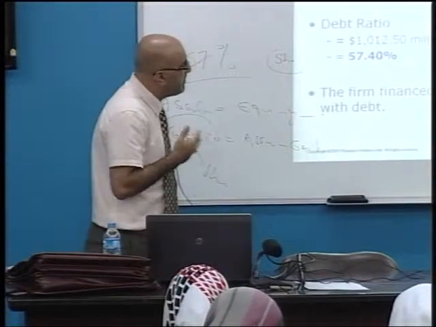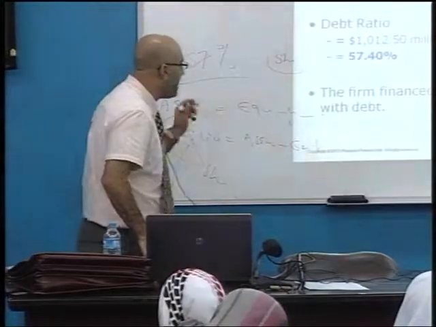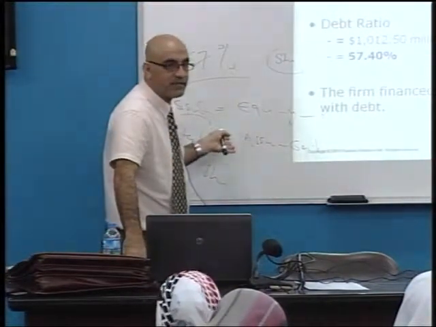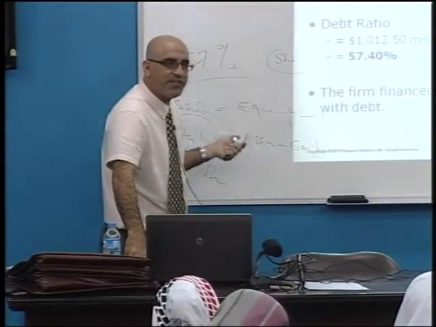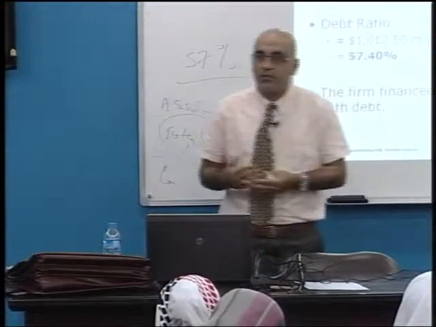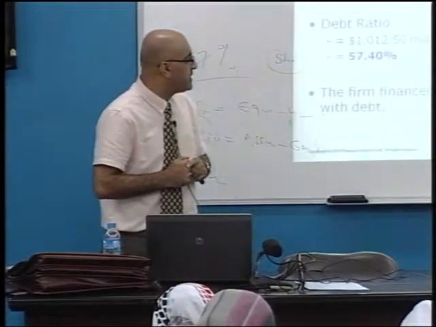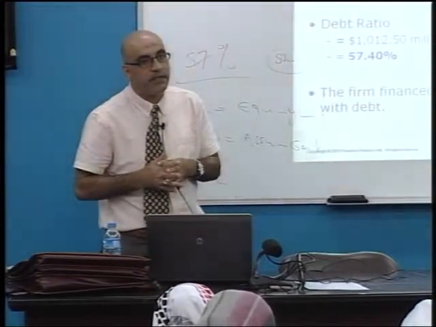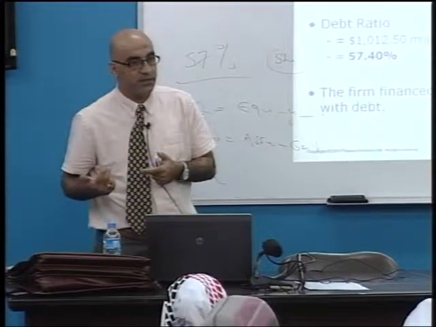Okay, so my question now is, if more than half of the total assets is financed from the debts, do you think this is a risk for the business? Yes, because more than 50% of the assets is financed by debt. It means the other part is financed by equity.